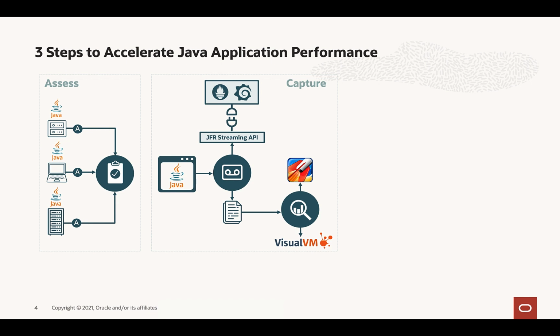So in addition to JMC, there's another tool, GraalVM, which also provides detailed information about Java applications while they're running on the JVM. So both JMC and GraalVM have graphical user interfaces that enable you to quickly and easily see information about multiple Java applications running in your environment.